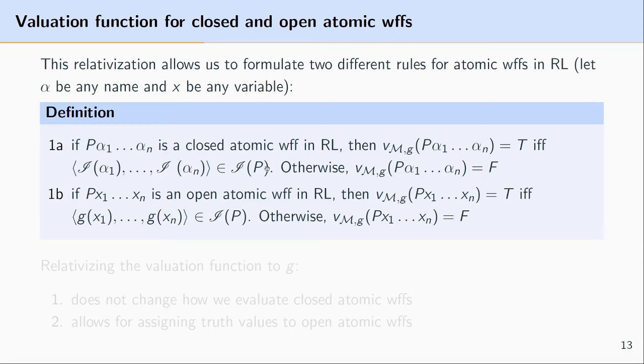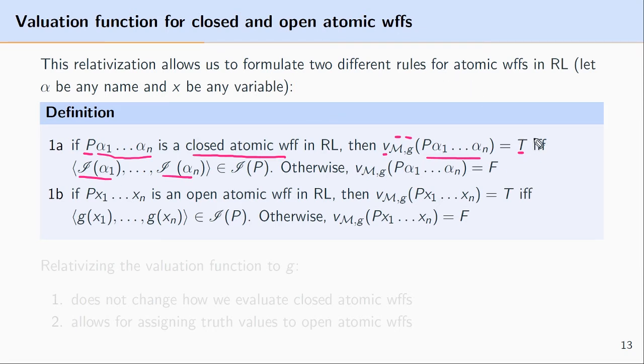The first one says that if an n-place predicate followed by n names is a closed atomic well-formed formula, then the valuation function takes that formula relative to the model and the variable assignment and assigns it a value of true if and only if the interpretation of those names, the n-tuple, is found in the interpretation of P, that is, the extension of that predicate. Otherwise, the formula will be false.